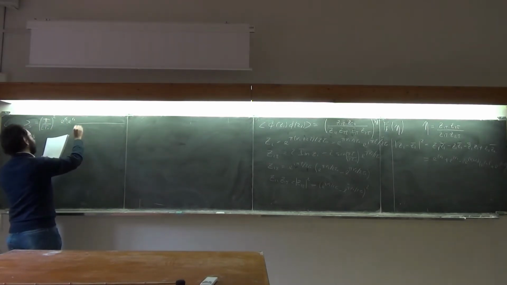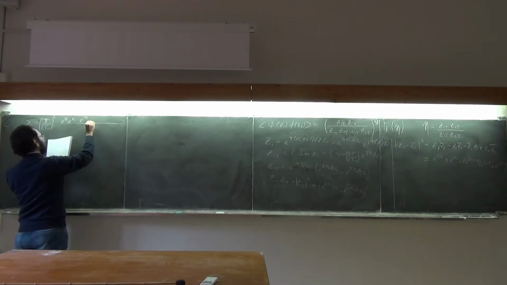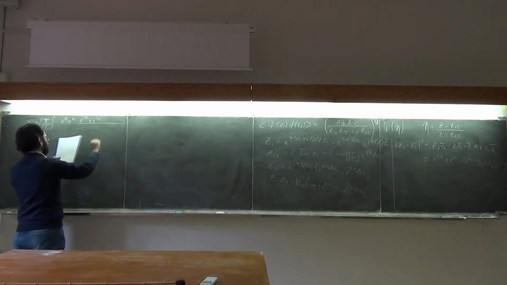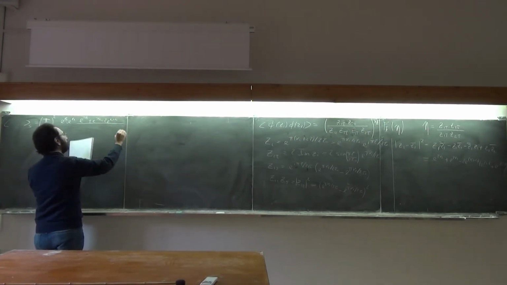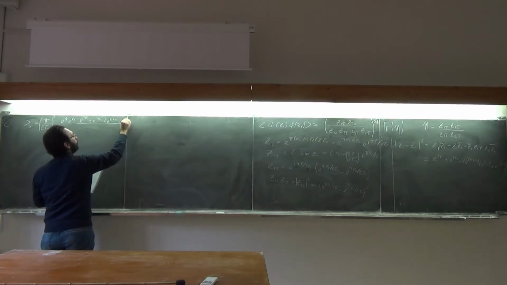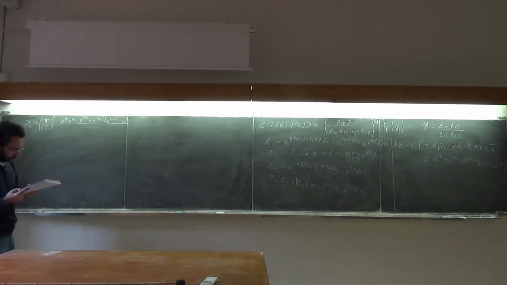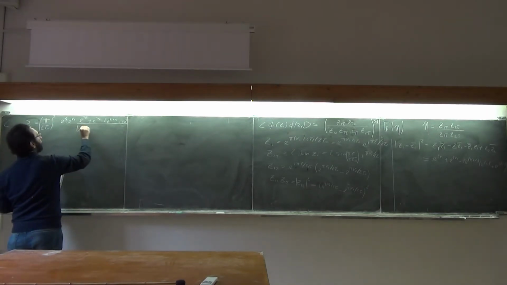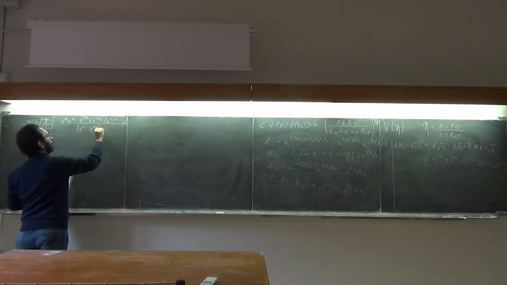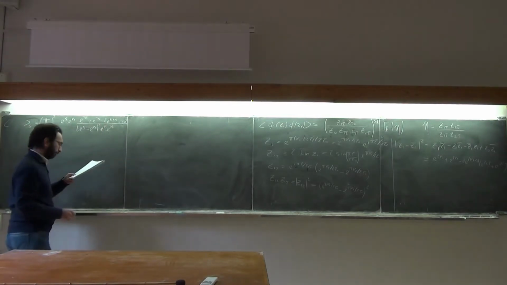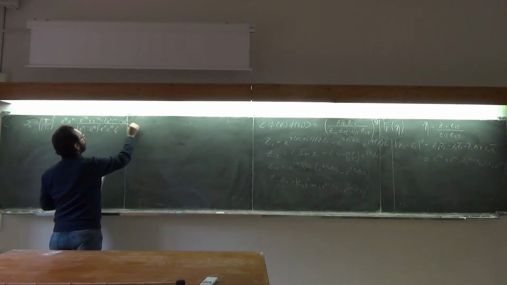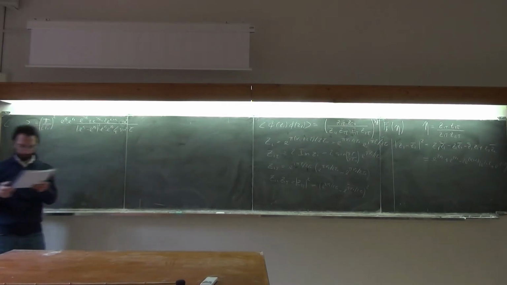The numerator is written there, e to the 2 R1 plus e to the 2 R2 minus 2 e to the R1 plus R2 cos tau. The denominator is e to the R1 minus e to the R2 squared, times e to the R1 e to the R2 times 4 sine squared tau.